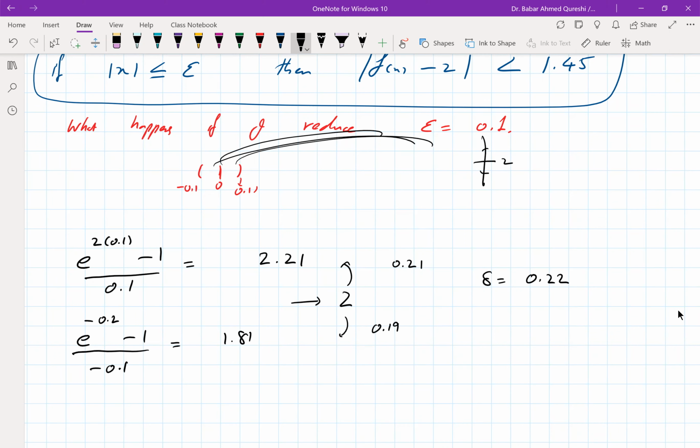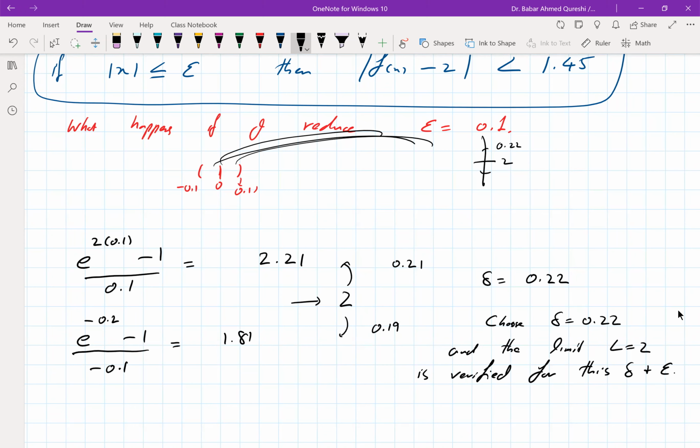So choose delta to be 0.22 and the limit L is equal to 2 is verified for this delta and this epsilon. So all that it says is that if you have a small margin of error, there is a corresponding delta for which you will be mapped there. And you're just kind of verifying it here.